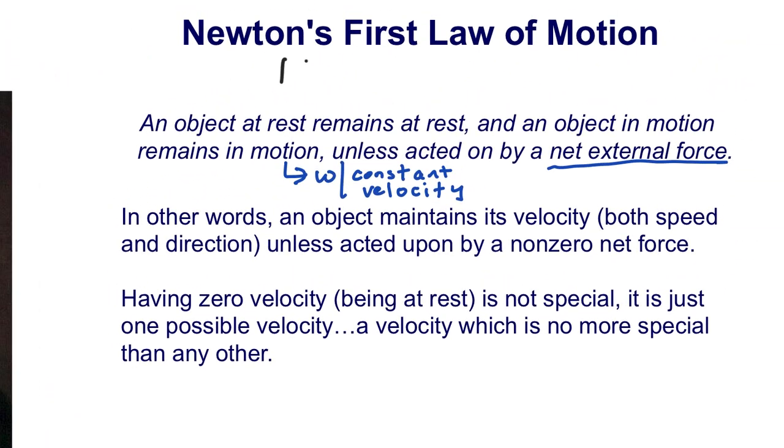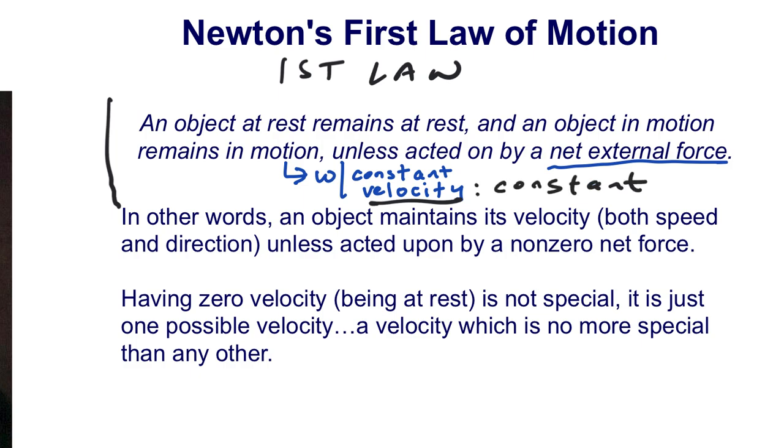You should know these. So you probably heard this before. An object at rest remains at rest, and an object in motion remains in motion with constant velocity. That means constant speed in a straight line.